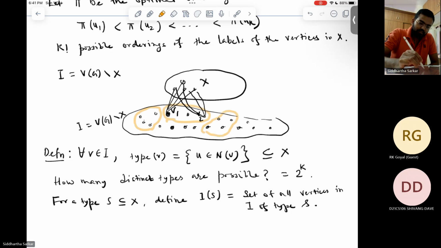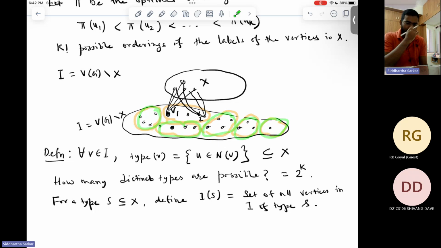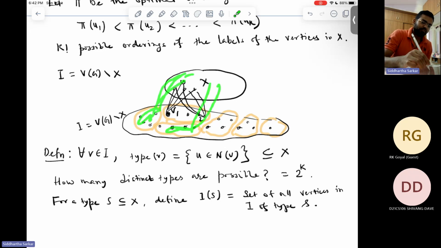This piece corresponds to some S, so all the vertices in this piece have the same set of neighbors in X. We have been able to do this clubbing of the vertices in I. This set has a different set of vertices in X, this set has a different set of vertices in X, and so on.